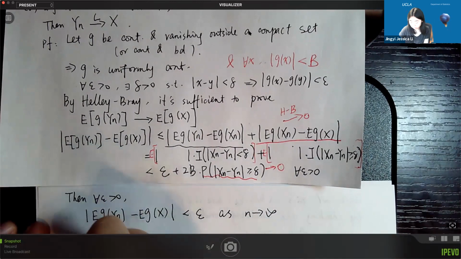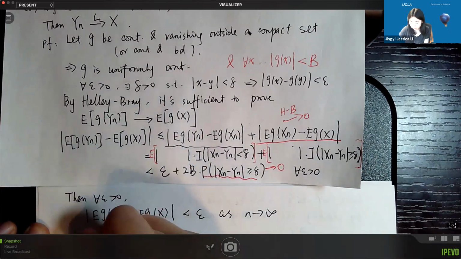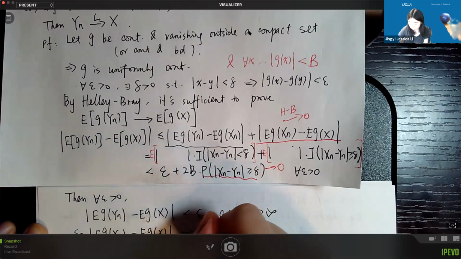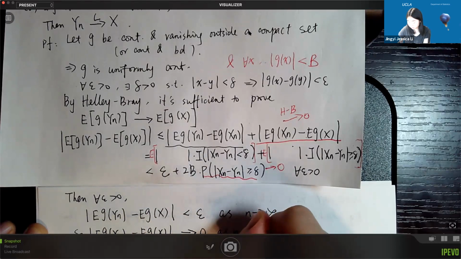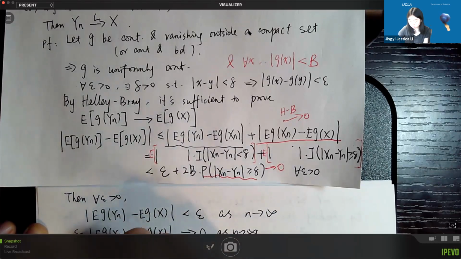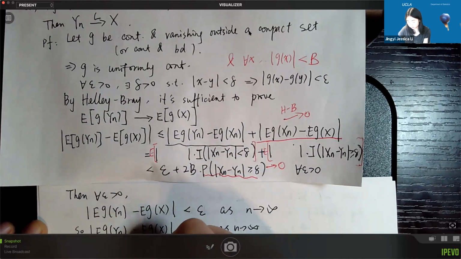So we can say this expectation of G(Yn) minus expectation of G(X) is going down to 0 as n goes to infinity. And then by Portmanteau, once more, we have Yn converges in law to X.